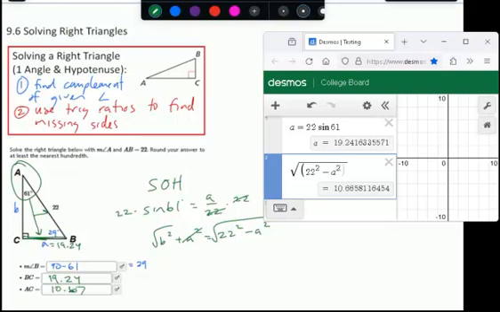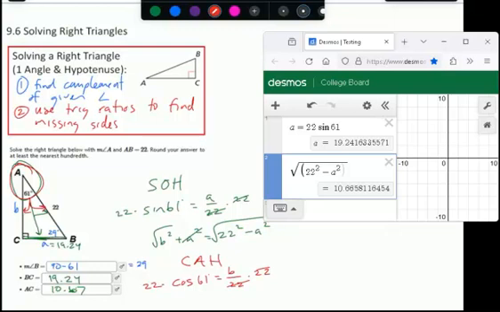However, if I was solving this using a trig ratio, I would choose either one of my angles. I'll choose angle A here. I have the adjacent, and I know my hypotenuse. So adjacent and hypotenuse is cosine. So the cosine of 61 degrees, my A value, is equal to adjacent, my unknown B, over the hypotenuse, 22.